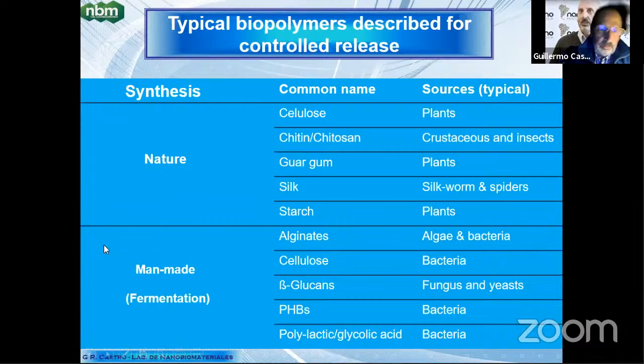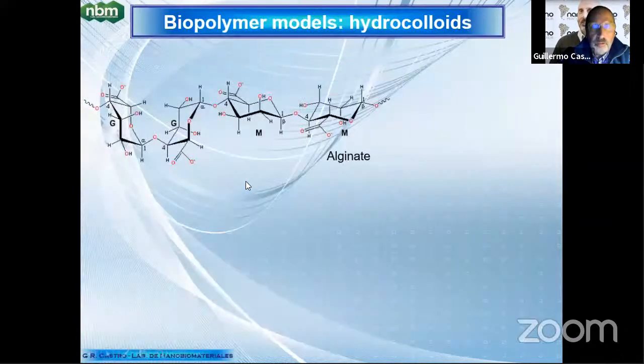Other ways, we can make a fermentation, and we produce different kinds of polymers such as alginate, cellulose, glucans, polyhydroxybutyrates or alkanoates, and polylactic glycolic acid. These are just examples of polymers we can use for controlled release, and this could be very, very interesting.